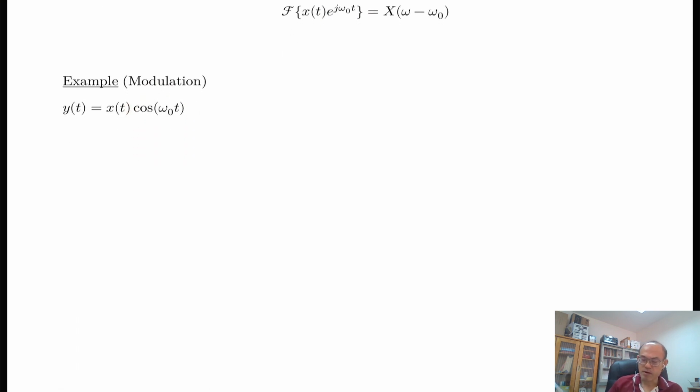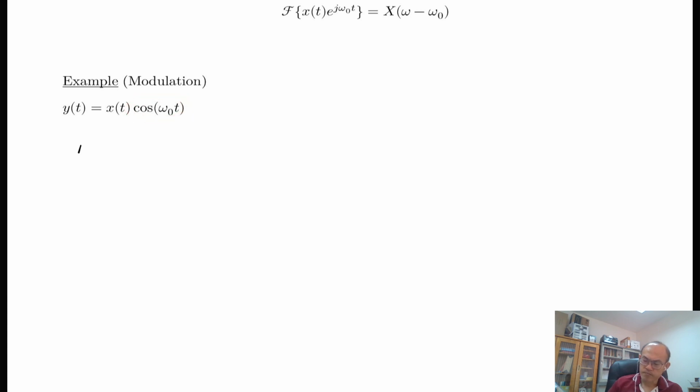So that's why we are multiplying by cosine signal. Now, to study what the Fourier transform of y is, we are going to use Euler's identity to write this sinusoidal signal as a form of complex exponential signal.